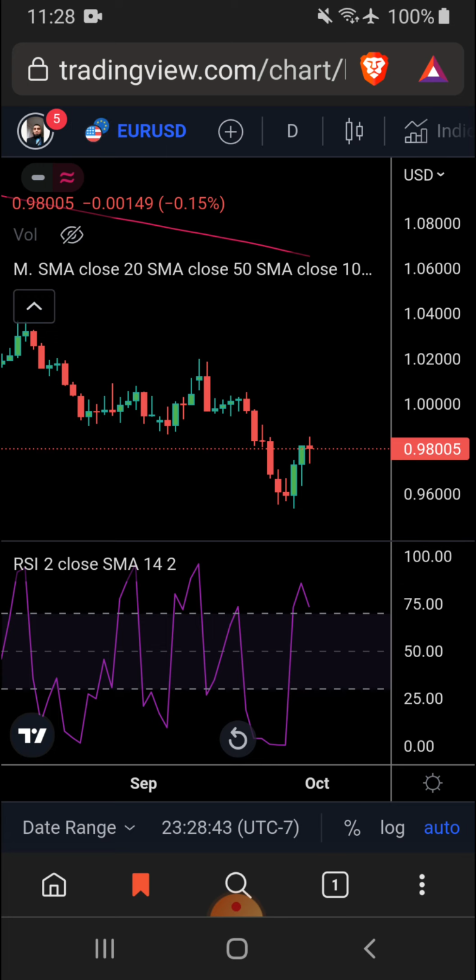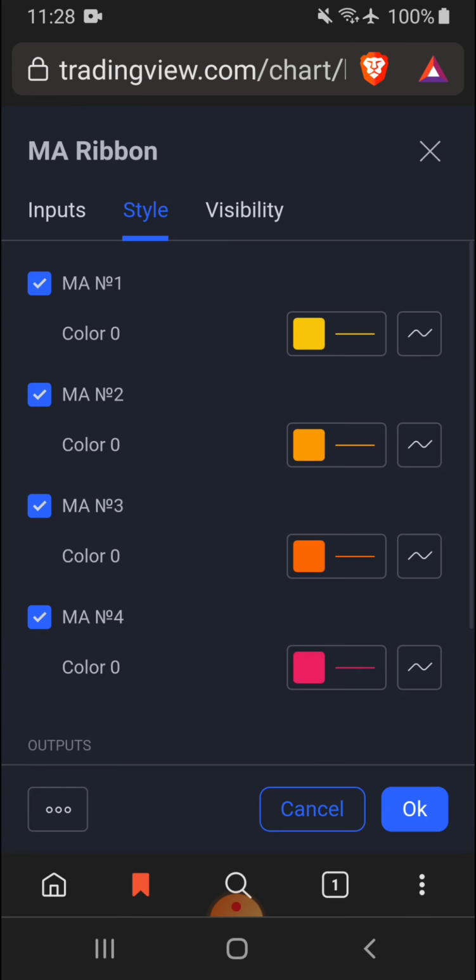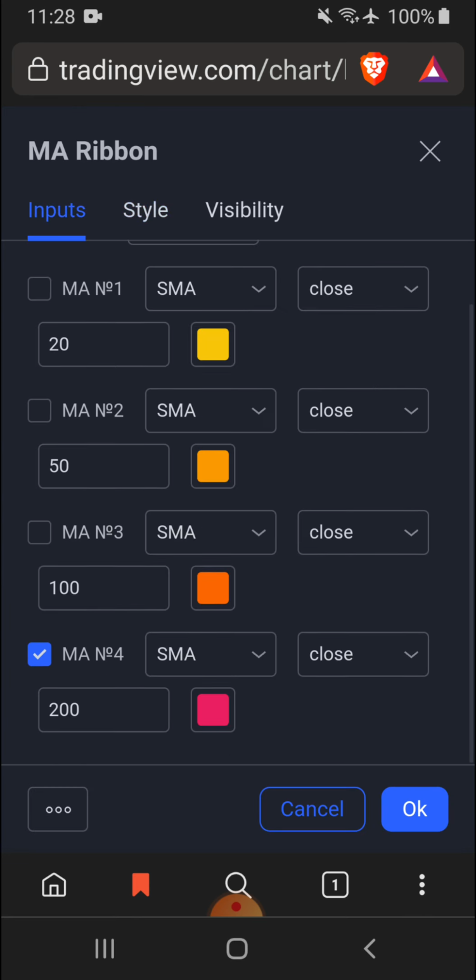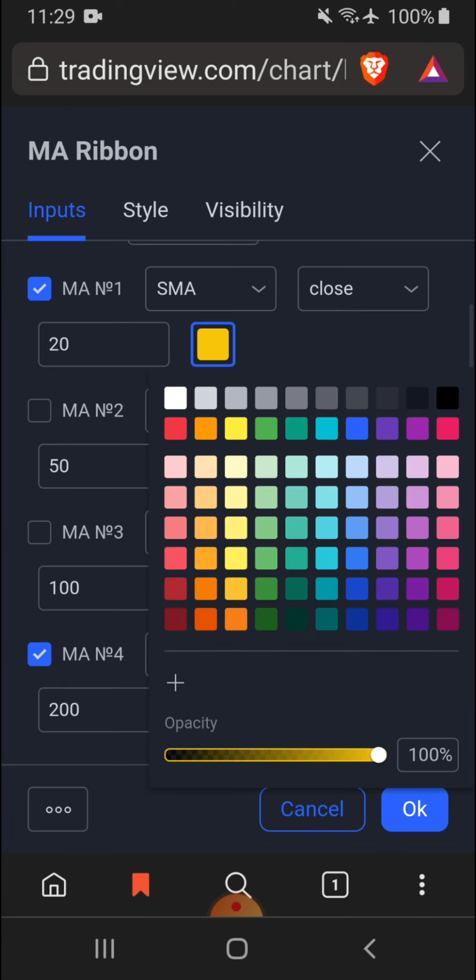So you need a 200 SMA, and you also need a 5 SMA. What color is good? They're missing a lot of colors here, like some of the darker colors. There's no midnight blue or midnight purple on here.